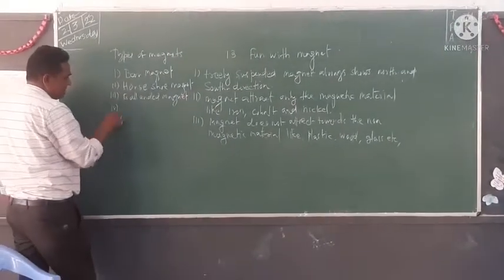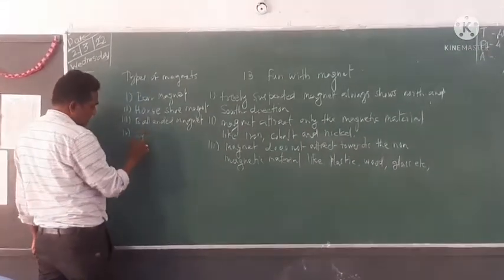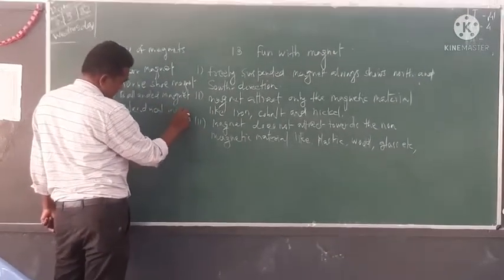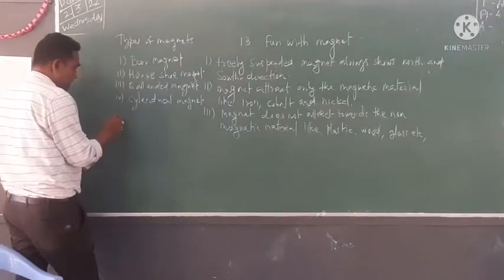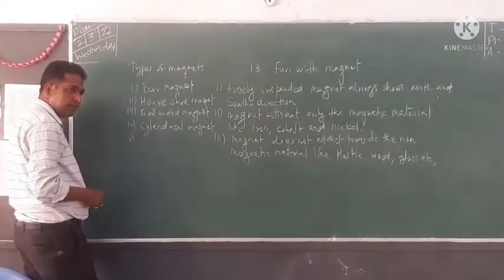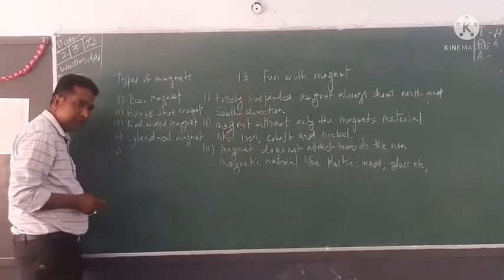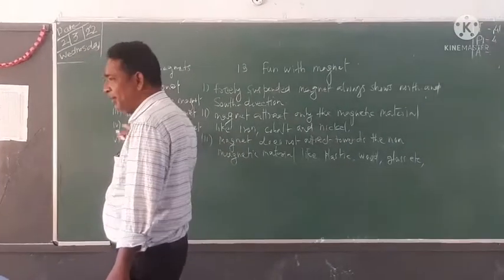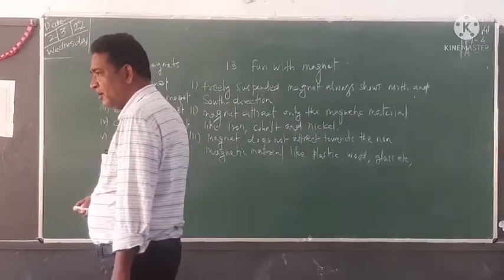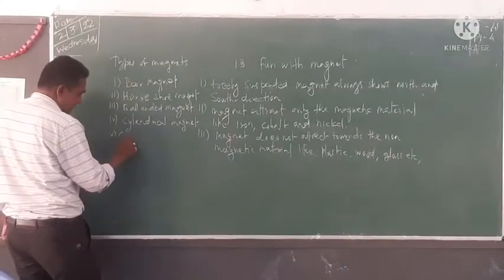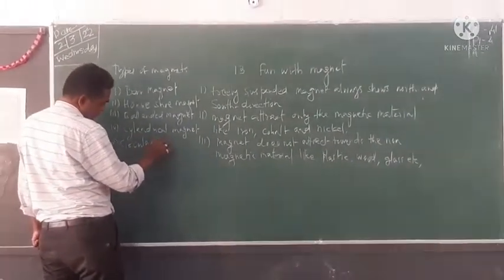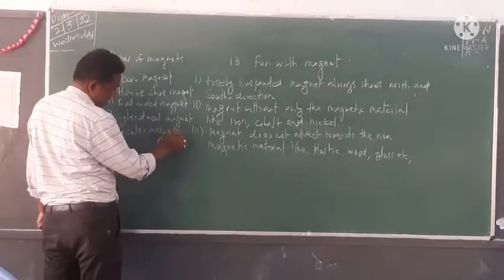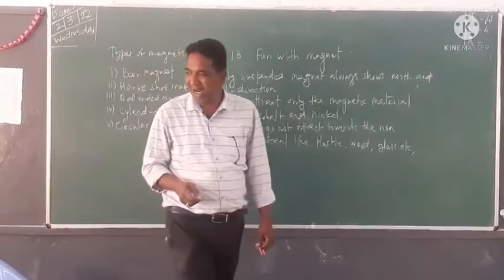Number 4 is called as cylindrical magnet. उसके बाद number 5 is called circular magnet. क्या बोलते हैं? हाँ? इलेक्ट्रिकल मैग्नेट को लिख दिया मैंने. सर्कुलर मैग्नेट. So these are some of the examples of magnet.